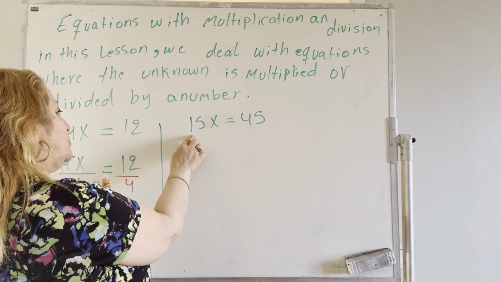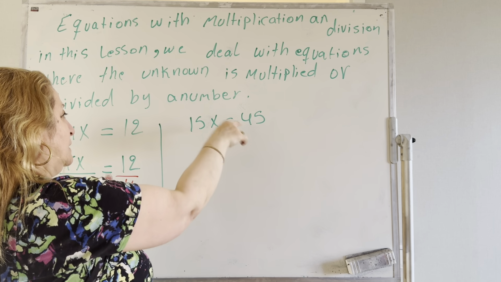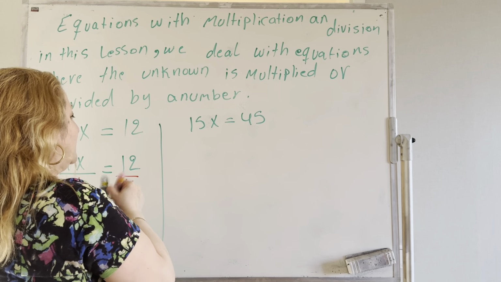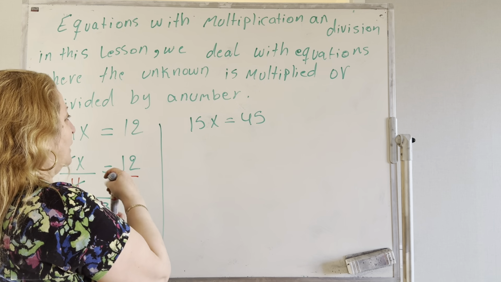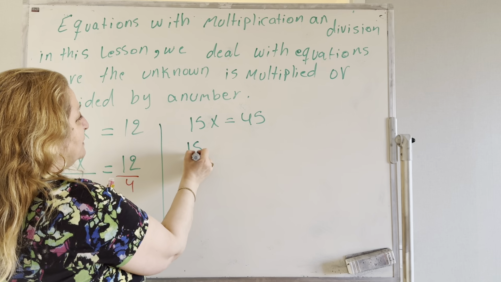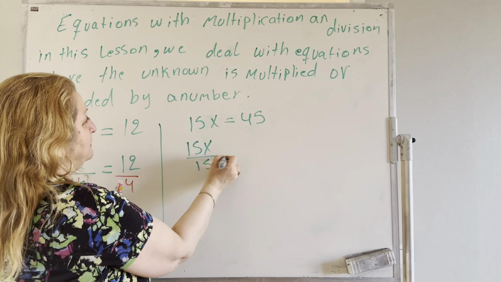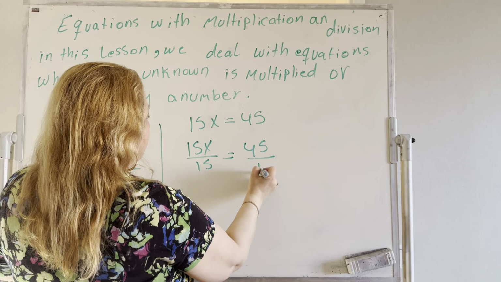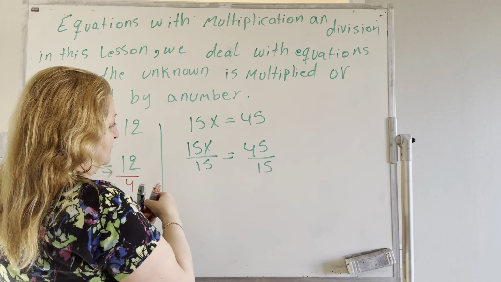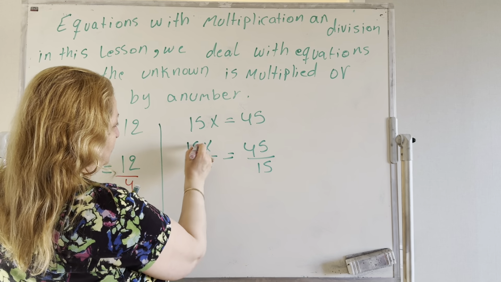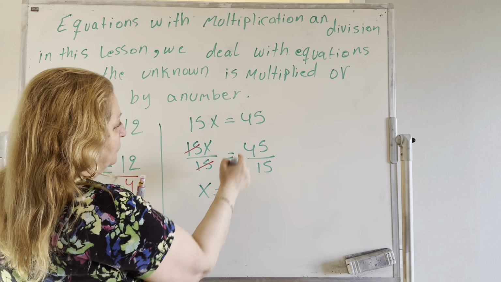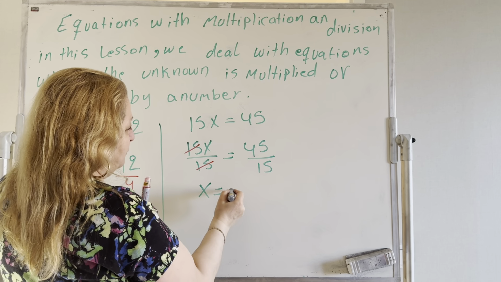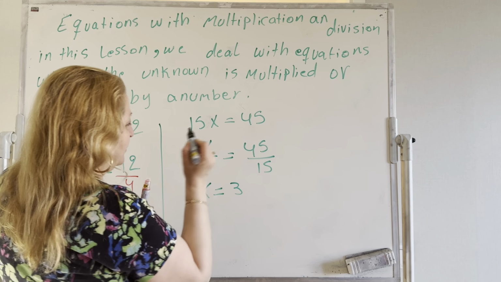The opposite operation for multiplication is division, so I will divide both sides by 15. And here shorten 15 with 15, x equal 45 divided by 15 equal 3.